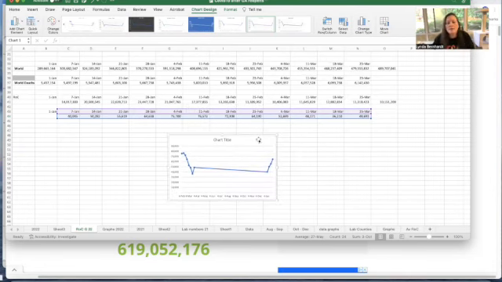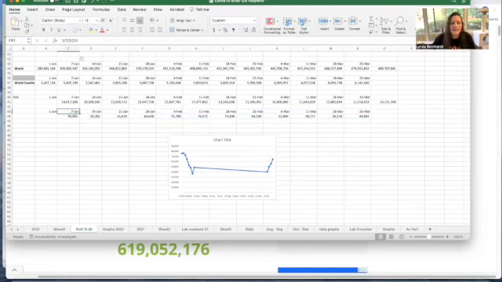Now, notice it's doing something weird. I remember I had this problem before, and it's because it decided what dates these were. So you might have to fix them. So this should be 2022. And then this one should also be 2022.